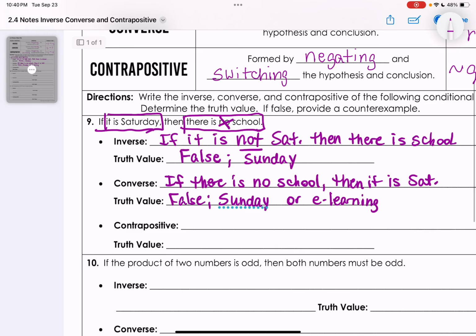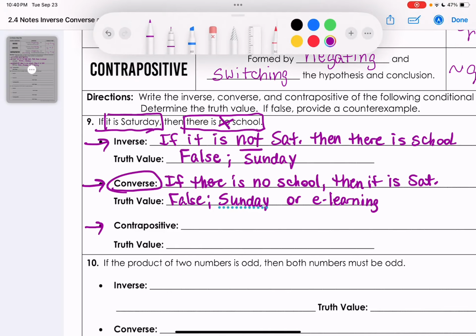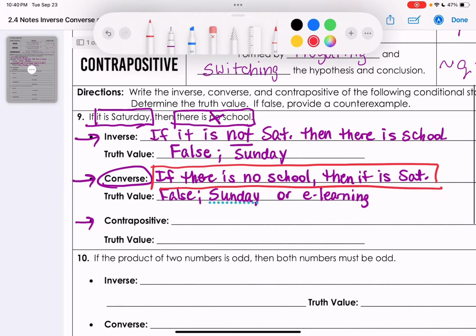So the contrapositive then, I go in order: put the nots first, then you switch. And for the contrapositive, now you're going to put the nots in the converse up here. So follow this part here. And now just negate that statement, both the hypothesis and the conclusion.